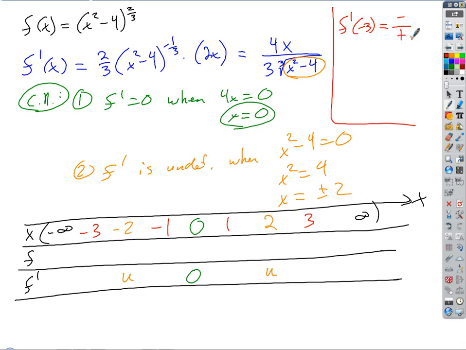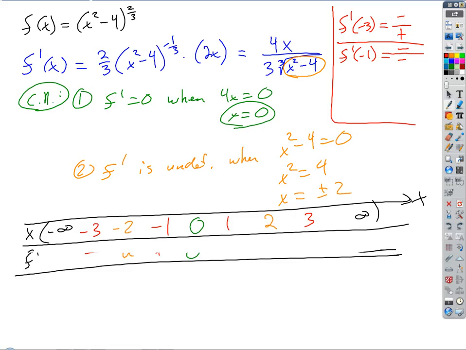Negative over positive is negative, so the overall sign is negative. How about f prime of -1? Top is negative, bottom is negative, overall sign is positive.